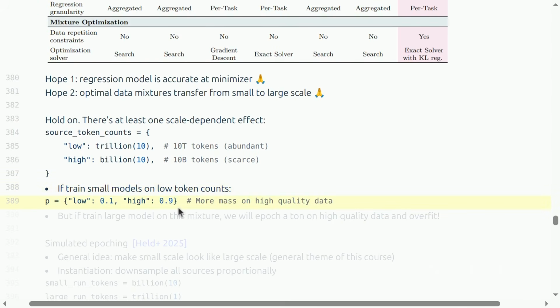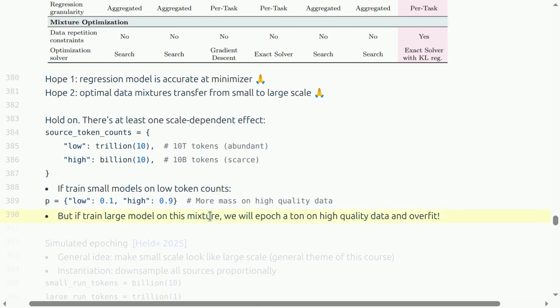This is a made-up example, but you might put a lot of mass on your high-quality data. Because at low token counts you're not epoching, so it's like, oh, wow, Wikipedia is so great, let's just train on Wikipedia. But if you then train your large model on this mixture, you're going to end up epoching a lot on this high-quality data and you'll overfit, and that's definitely bad.